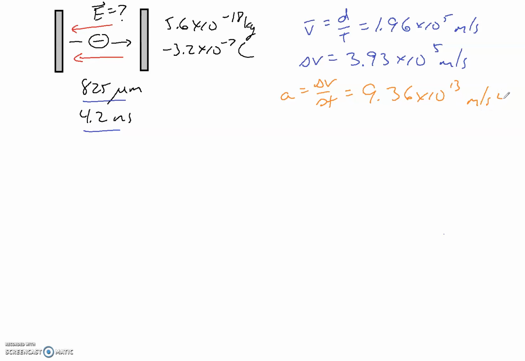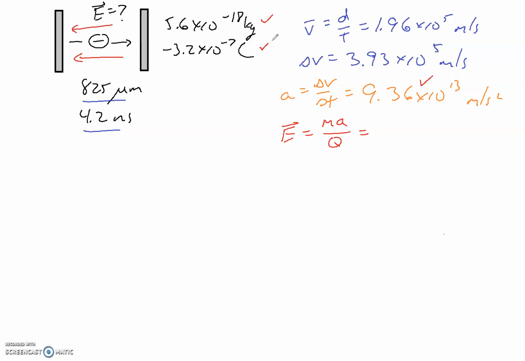Now that I have that, I should have everything I need to find my electric field, because electric field is going to be force divided by charge, and of course the force would just be ma. I have my mass, that's over here, I've got my acceleration, that's over here, and I've got my q, that's over there.